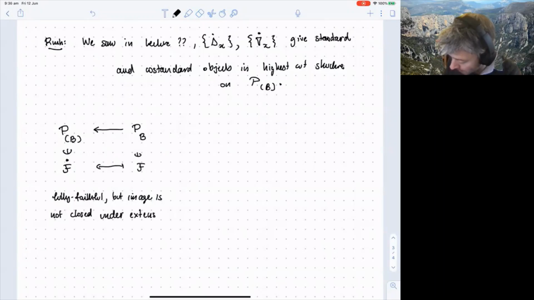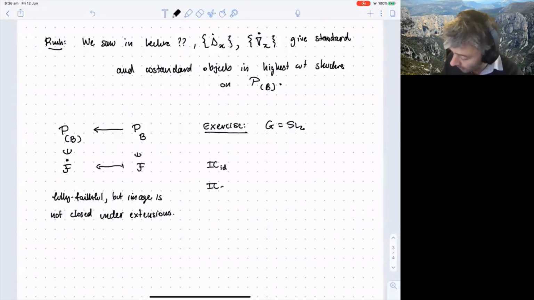So a very nice exercise, which follows on from some lunch discussions we've been having. For G equals SL2, we have IC identity, IC_S, and T_S.